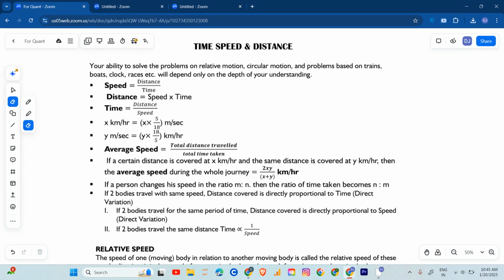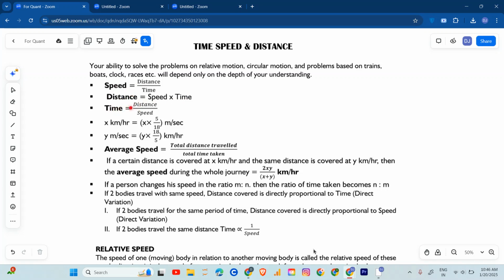So first, what is the relation between time, speed, and distance? We can write that speed is equal to distance upon time, or a different way, distance is equal to speed multiplied by time, just multiplication.